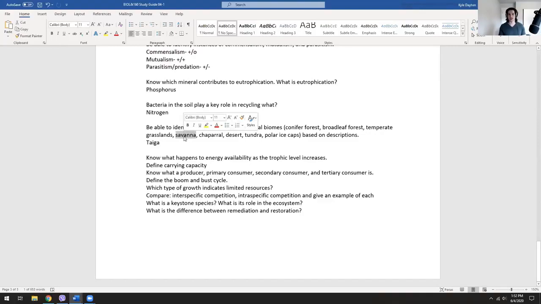But the most distinguishing factor is that they have the largest terrestrial herbivores, the largest terrestrial animals on Earth. And then chaparral, those are going to be usually coastal regions with salty soil.